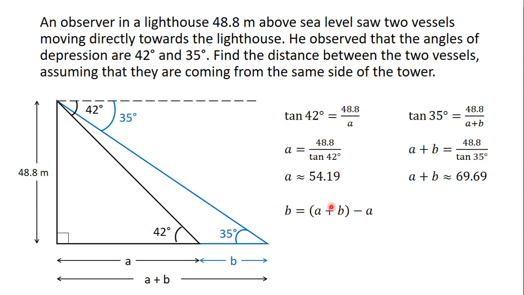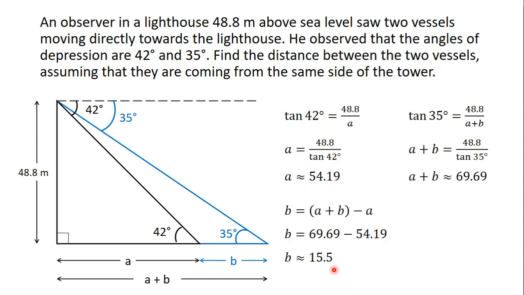Okay, so meron na tayong value nito, A plus B. And meron na rin tayong value ng A. So, to solve for B, ayan na, so subtract natin yung dalawa. So A plus B is 69.69 less A, which is 54.19. B is approximately, the difference of these two is 15.5.